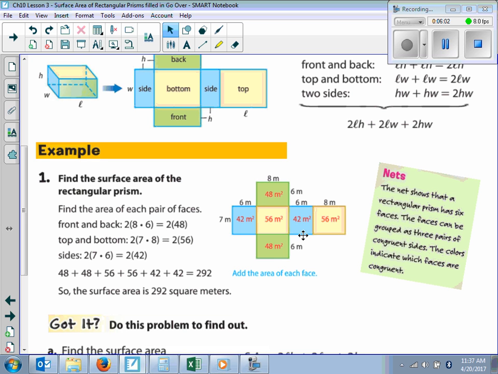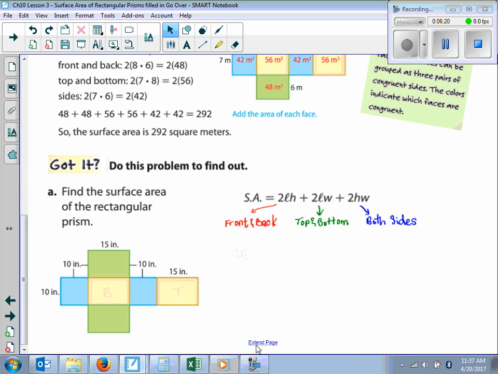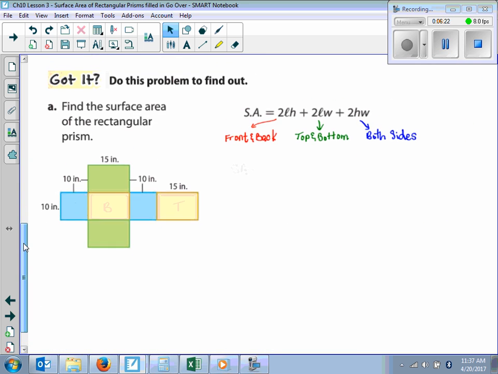You with me? And for the top and the bottom, it's 56, so we multiply 56 times 2. Then we add them all together and end up with 292 square meters. Is everybody clear?